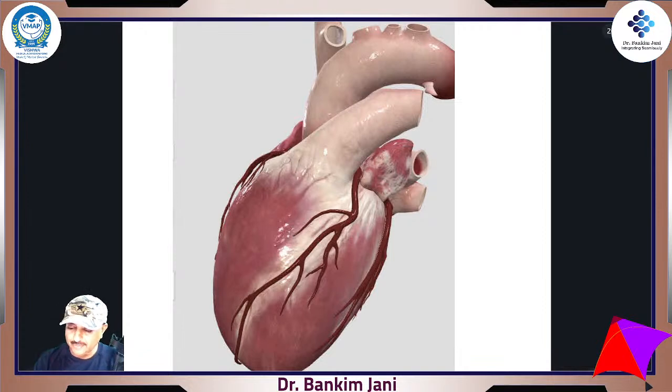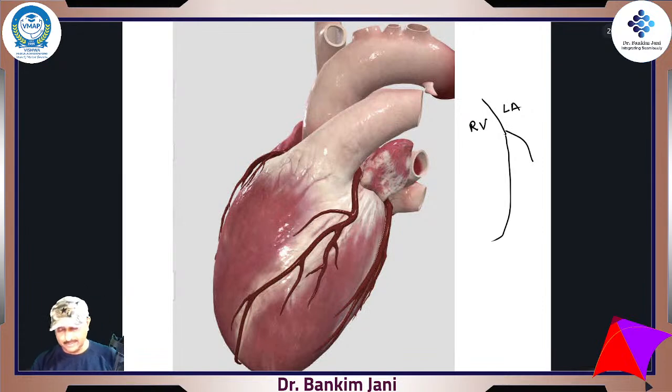That is the reason when we said that the left coronary artery would be between the right ventricle and left atrium, and then it divides and goes posteriorly, and then there is the circumflex and the whole thing starts. We are watching this from this point onwards.